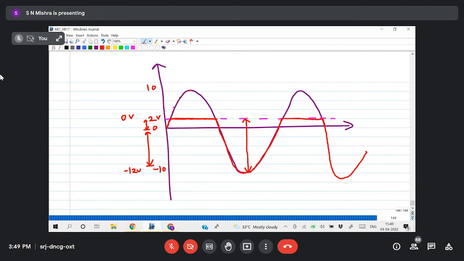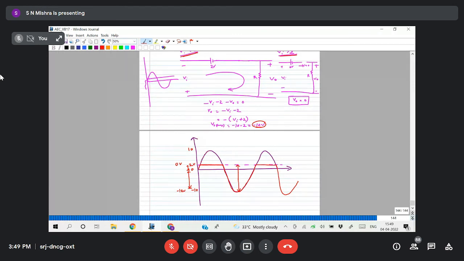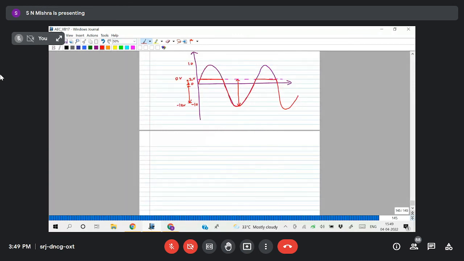So if I draw the same thing here, let me squeeze it. So how I will draw?